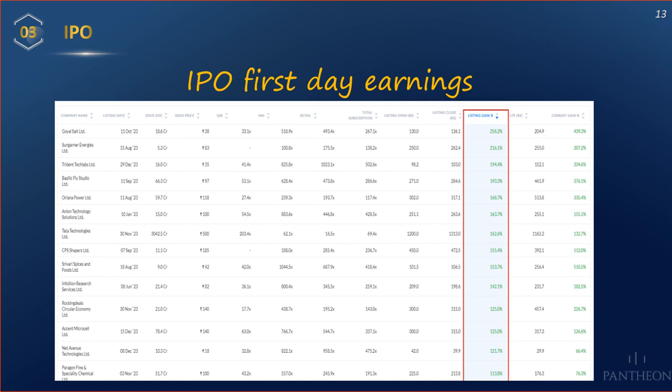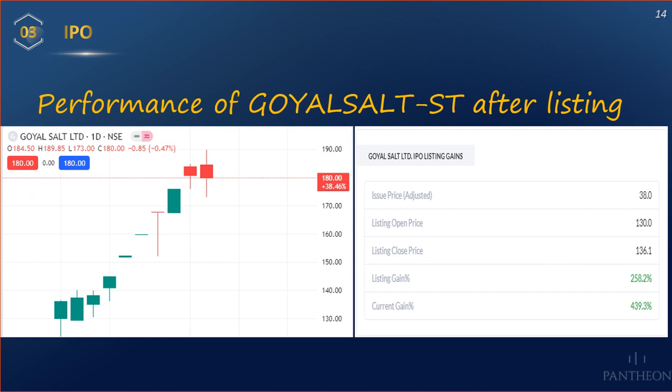Okay? Let's take a look at the performance of one stock that was launched on its IPO day. Okay, Goya Salt. On the day of its IPO, the issue price of the stock was 38 rupees, and the closing price on the first day of trading was 136.1 rupees, with an opening price of 130 rupees.